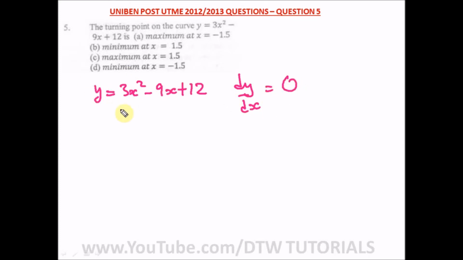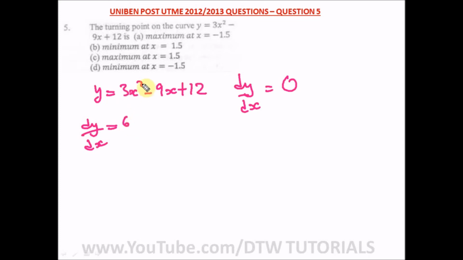So we're going to differentiate this. Okay, so the dy/dx of this particular expression is what? This 2 times 3. I hope you remember our differentiation. And you should know that UNIBEN post-UME past questions has a touch of further maths, so try to revise on differentiation and integration.